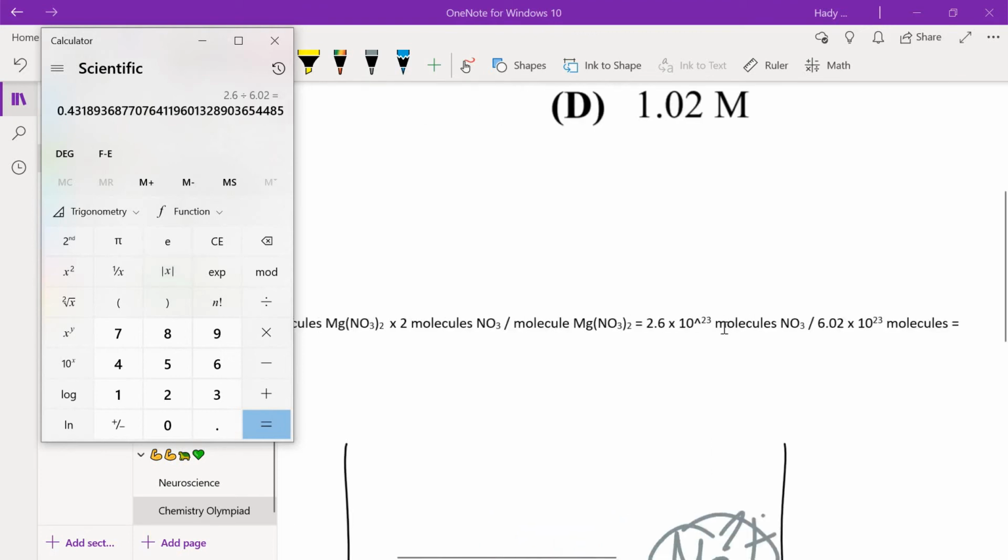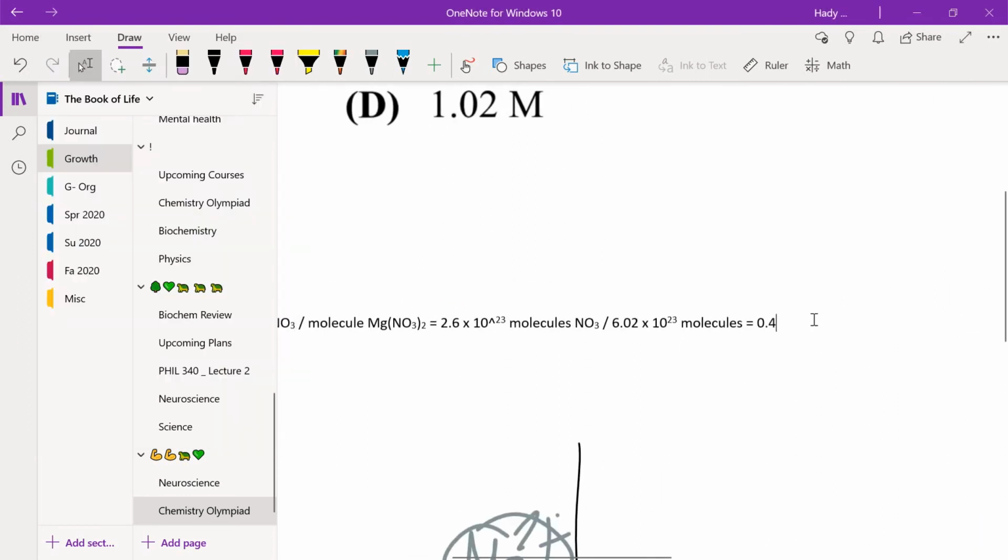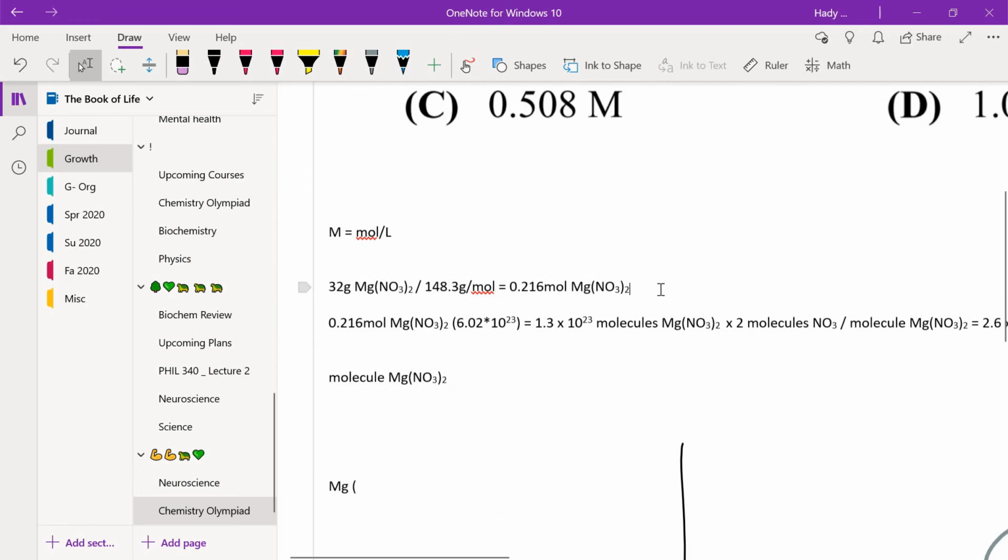You get 0.43, which is what I had gotten over here just by multiplying this by 2. So I was like, okay, how many moles of this times, well, you have 2 moles of NO3 per mole. There's 2 molecules of that.